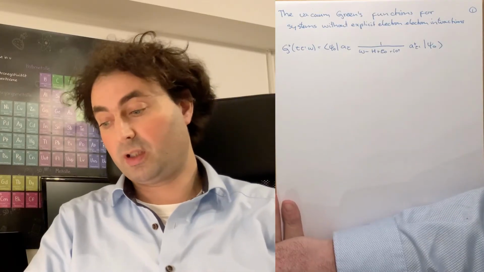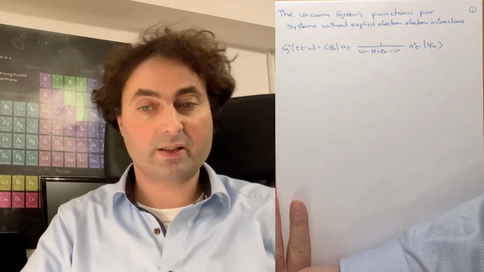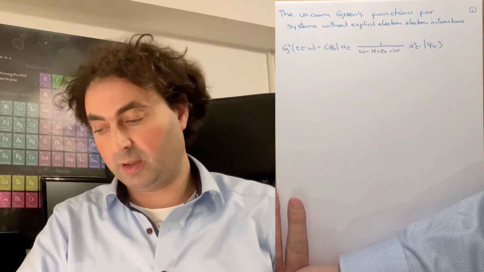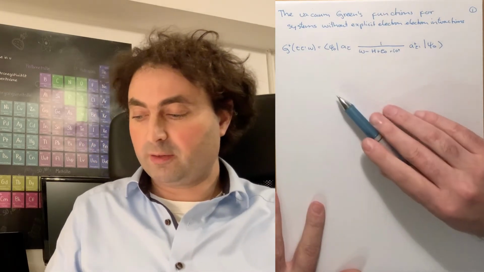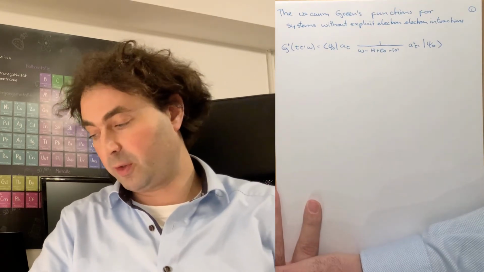The Green's functions that we've used so far, for the retarded as well as the advanced Green's functions, are valid for any interactions that one encounters. At the same time, when you look at the definition of our Green's functions, they still include the wave function of the ground state.